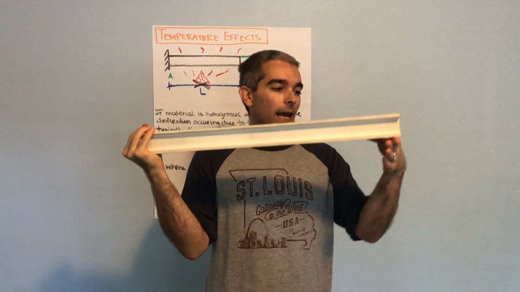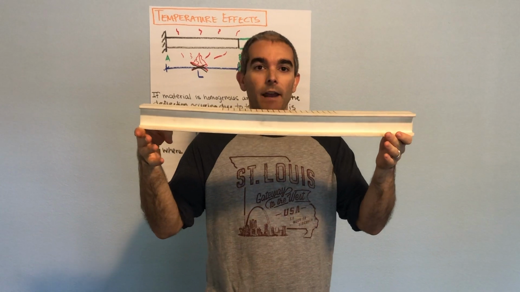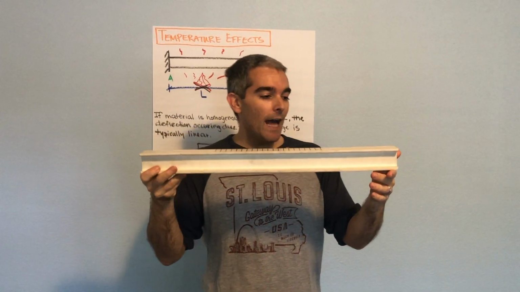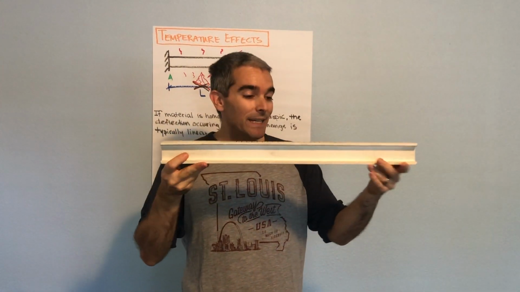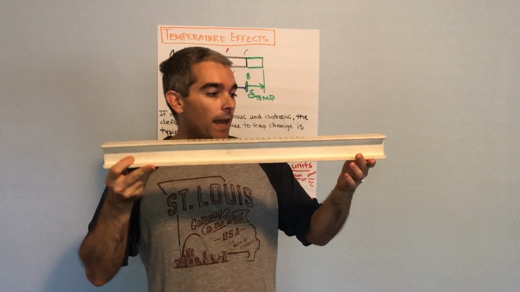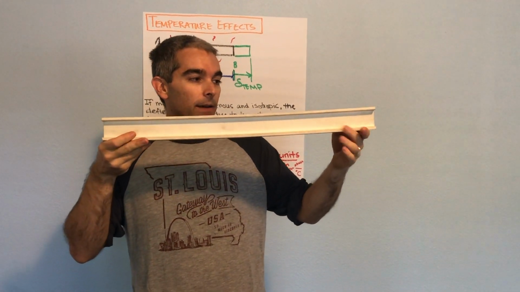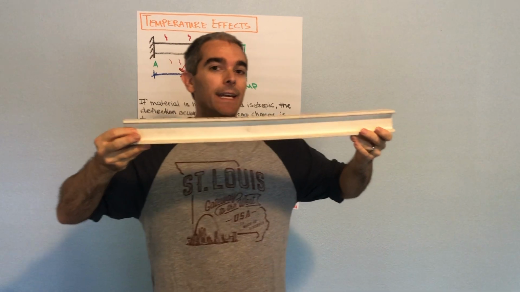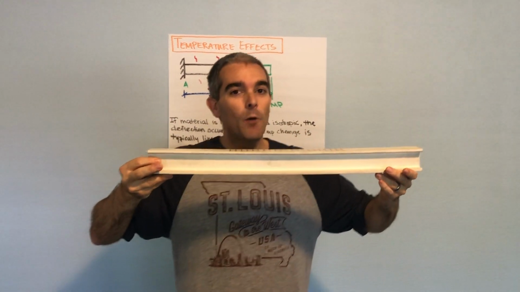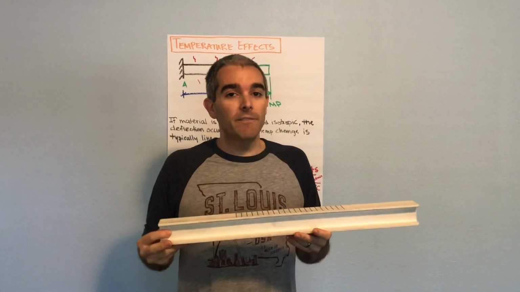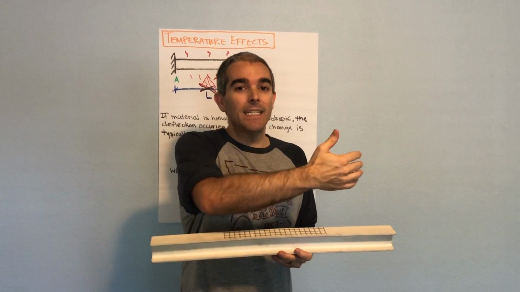We really use a pin and a roller. And what does the roller allow us to do? As we heat the member up, the roller allows the beam to expand in the x direction, so we don't develop those compression forces because it can actually expand.